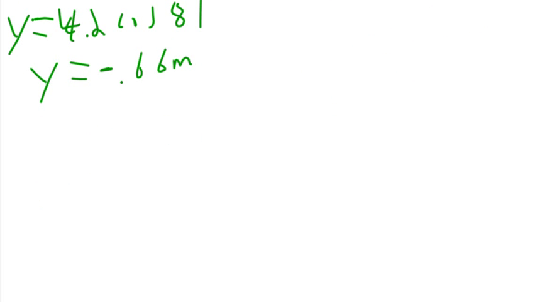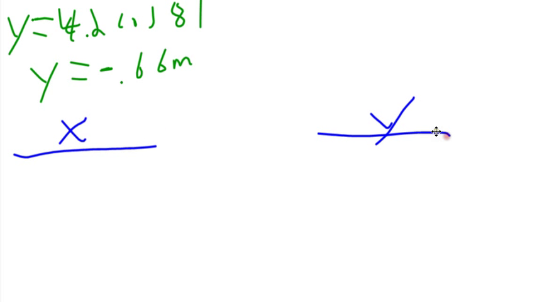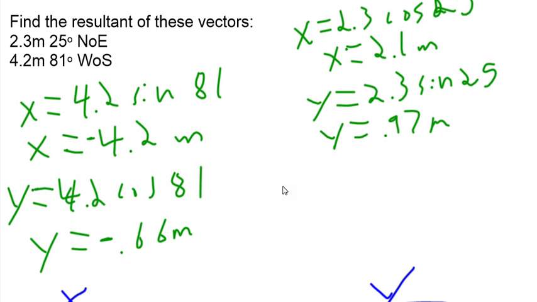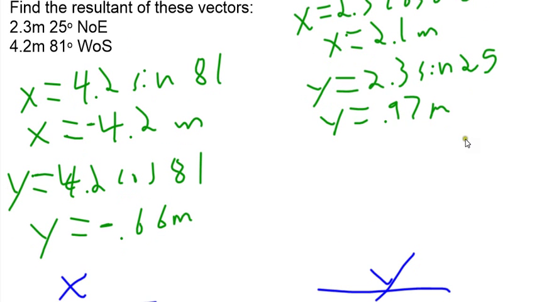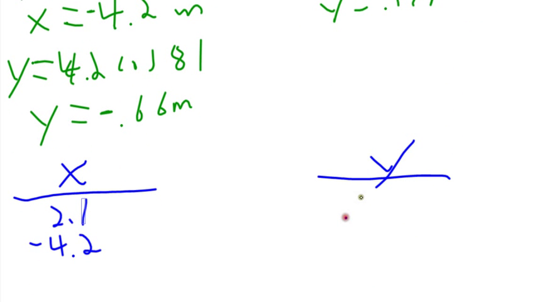And let me use a different color now. Let's use blue. So we have our x column, and we have our y column. For our x, we have a positive 2.1 and also negative 4.2. For our y's, we have a positive 0.97 and a negative 0.66.